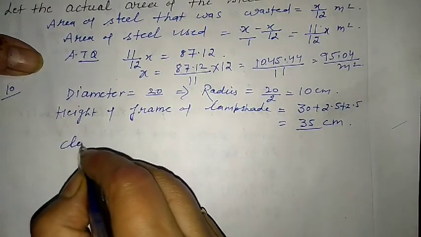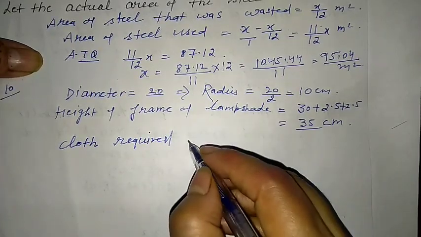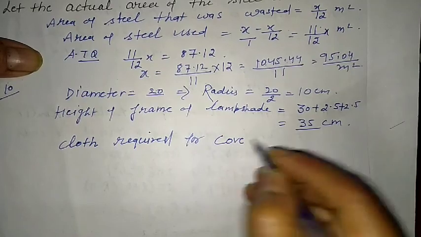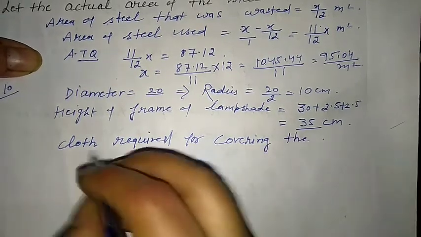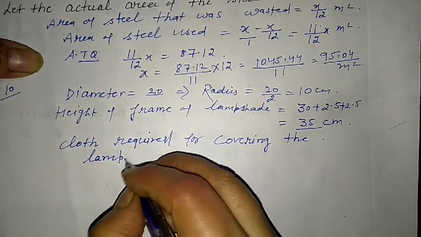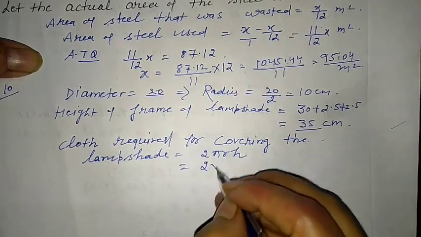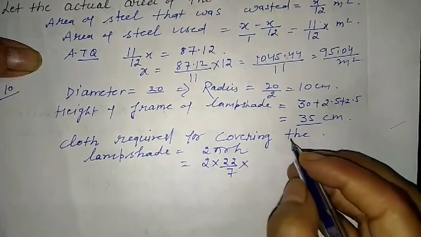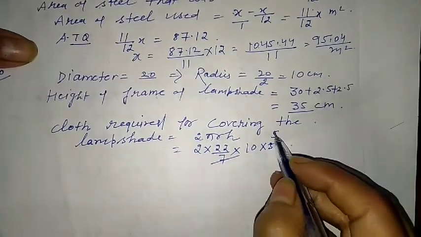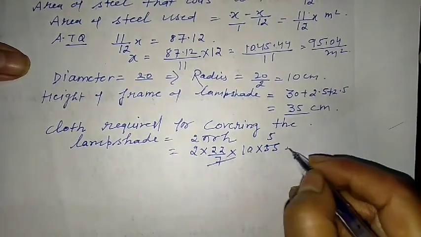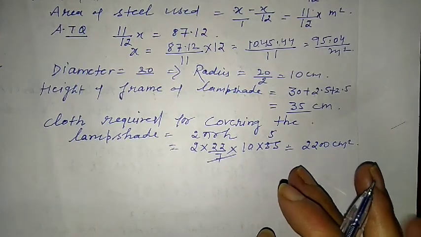Now cloth required for covering the lampshade, that is equals to simple curved surface area 2 pi r h, 22 upon 7. Radius is given here 10 and height is given 35. So 7 5s are 35. 5 2s are 10. 10 10s are 100 and 22, that is equals to 2200 centimeter square. This much of cloth is required.